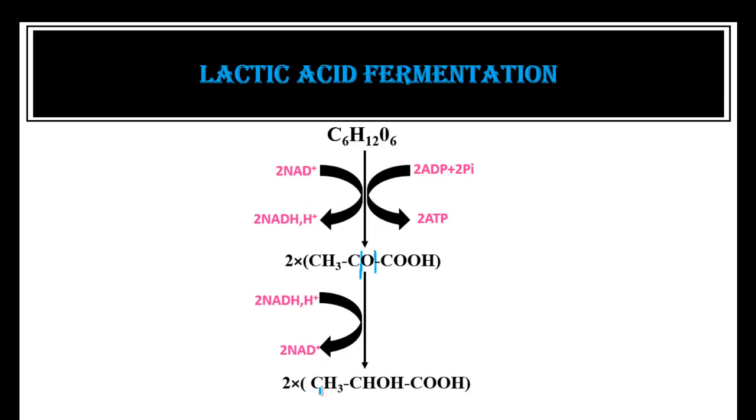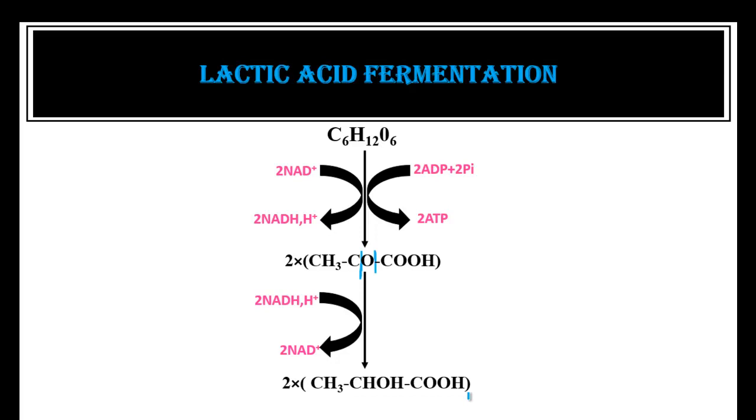So if you realize, here we have CH3, just like the pyruvic acid molecule. We have here CHOH, COOH. So nothing has changed except that we've accepted protons and electrons coming from the oxidation of NADH + H+. This chemical formula is for the lactic acid molecule.